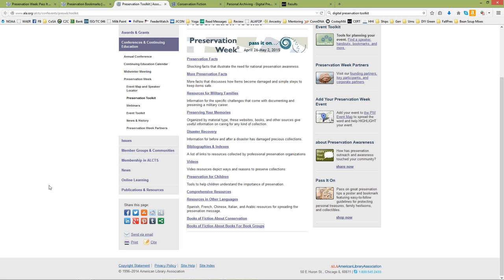Because regardless of the type of institution that you're at, whether it's a library, an archive, or a museum, the more people know and understand about preservation, the better cared for our collections are going to be. A better informed staff means better care and handling practices within the institution.